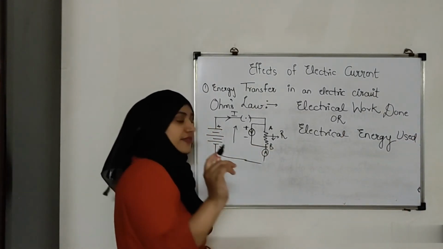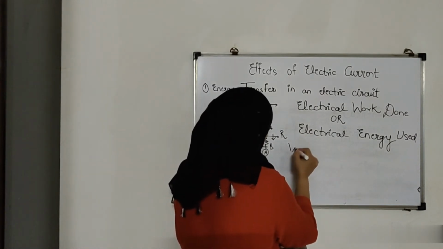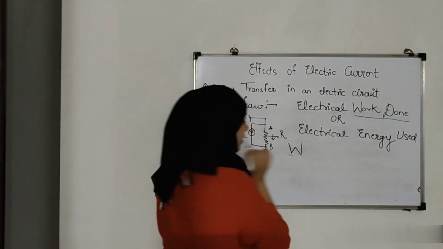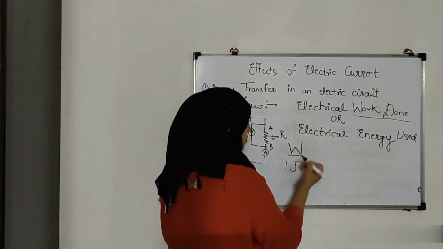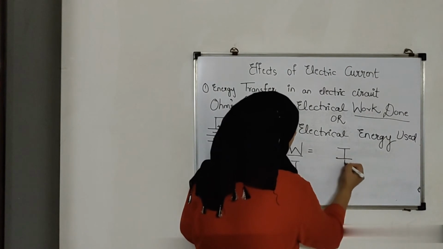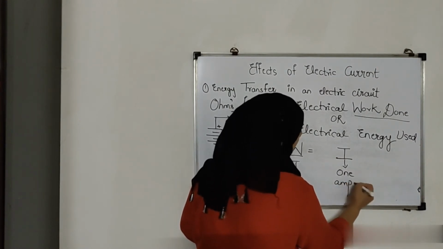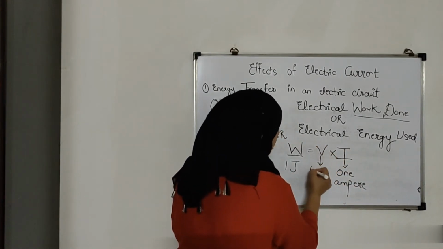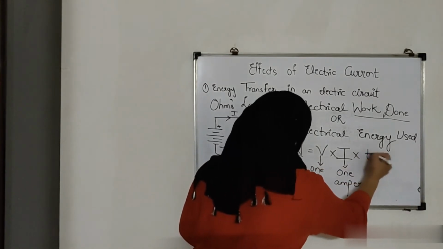See, by the definition of the electrical energy used, electrical work done is given by W. We say that 1 joule of electrical energy is used when a current of 1 ampere is moved across a potential of 1 volt in time 1 second.